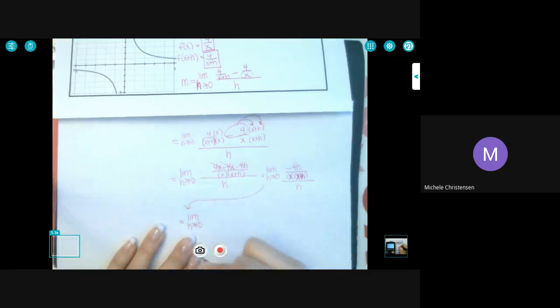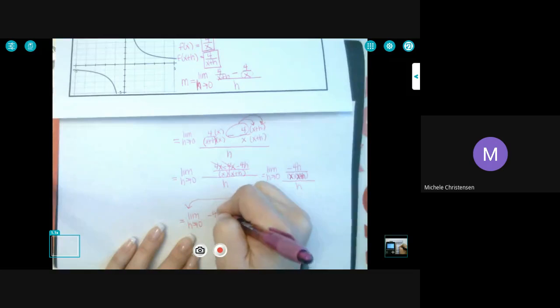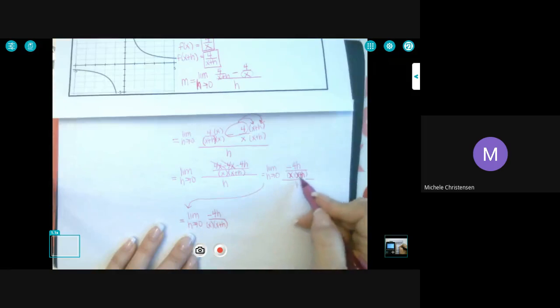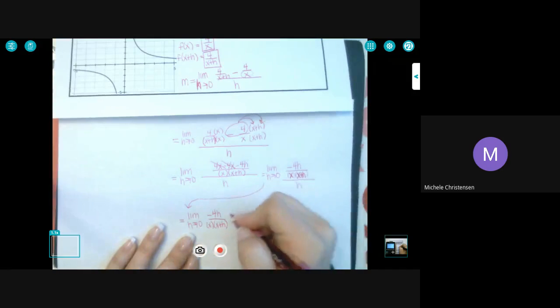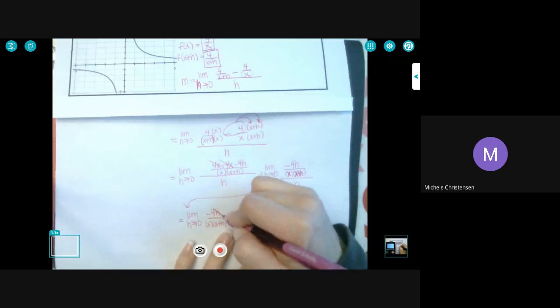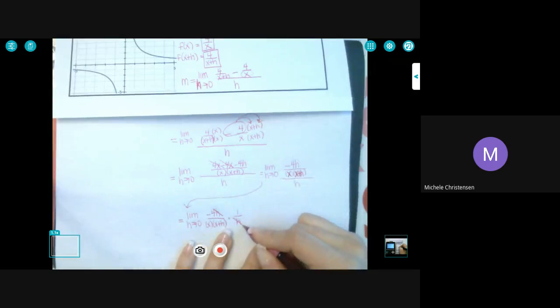All right, so keep, change. So keep this. And we're going to multiply by the reciprocal of the denominator here, which is h. So we're going to multiply by 1 over h. Okay, you see we can cross cancel with the h in the top and this guy in the bottom.